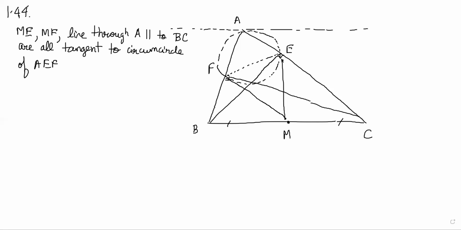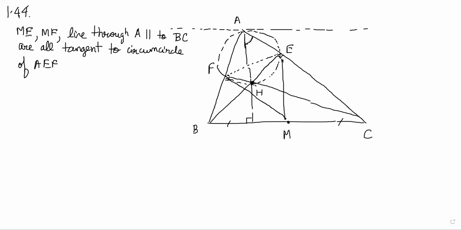Okay, so the intersection point of BE and CF is called H, which is the orthocenter, right? Orthocenter of the triangle. So angle HAE, we can draw a line like this, which will be altitude here, right?